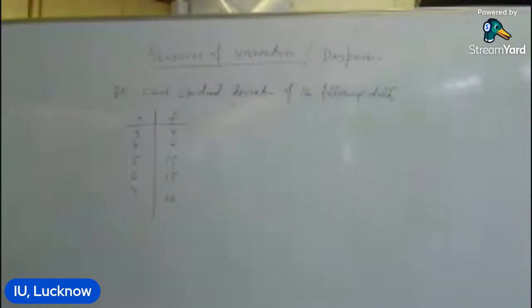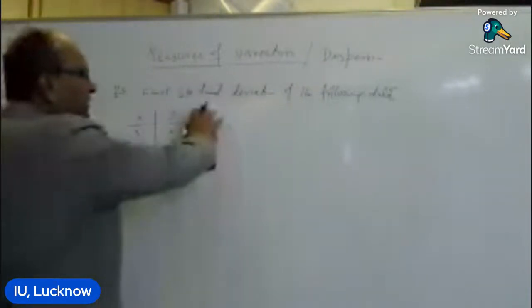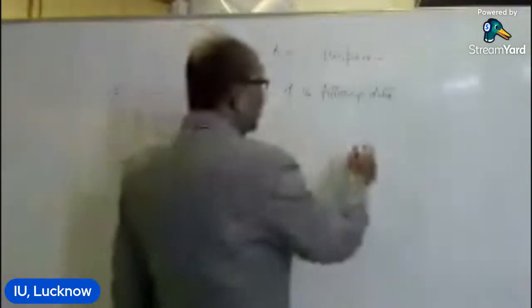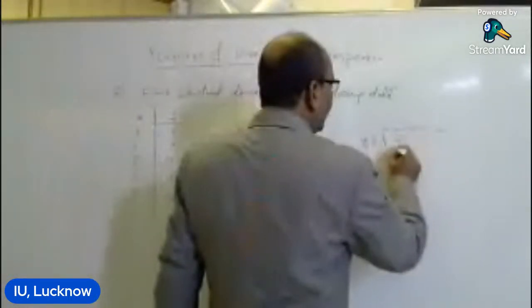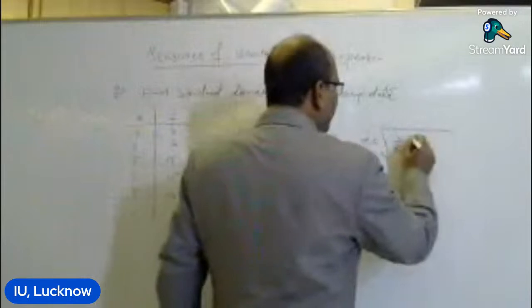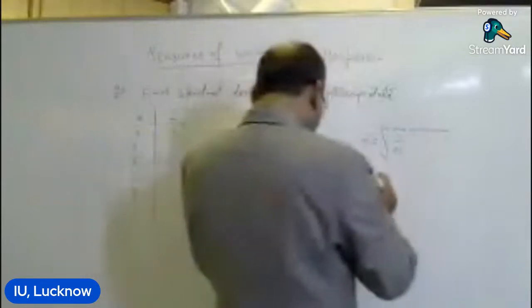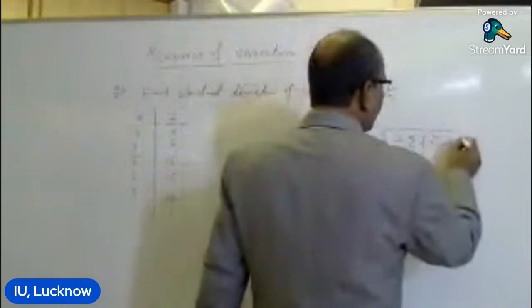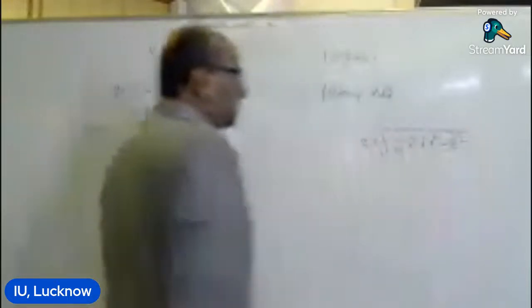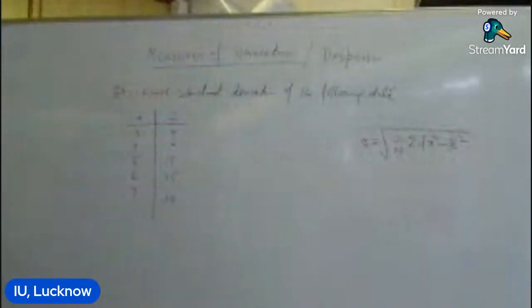So which formula will we use? The formula will be the square root of 1 upon n summation fx square minus x bar square. This formula is for group data.